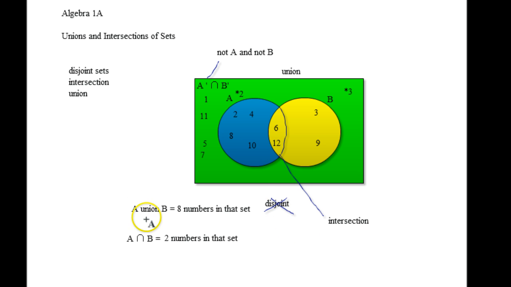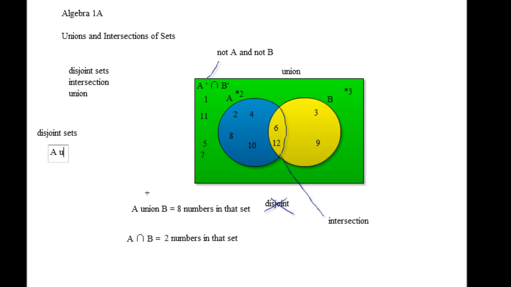Now this one is kind of hard to do because there are formulas. Some people will say, if we're looking for union, just add and work your way across. That works for disjoint sets.